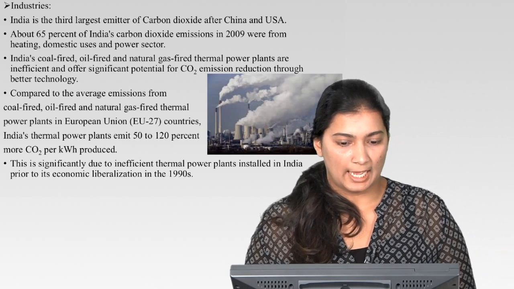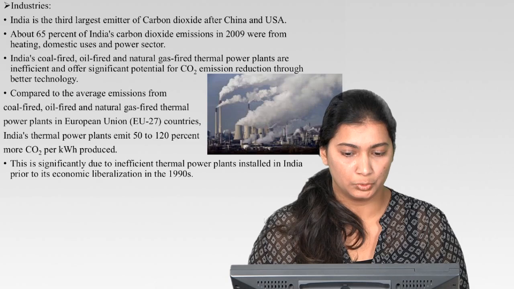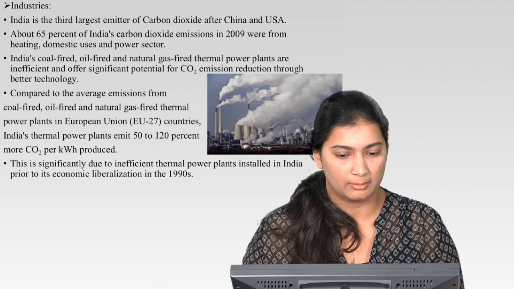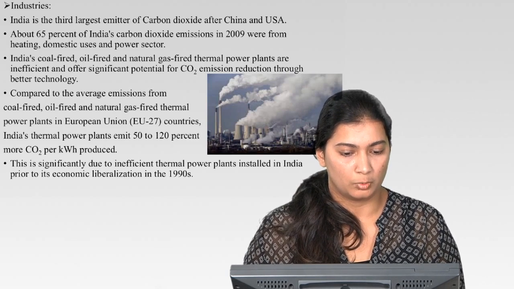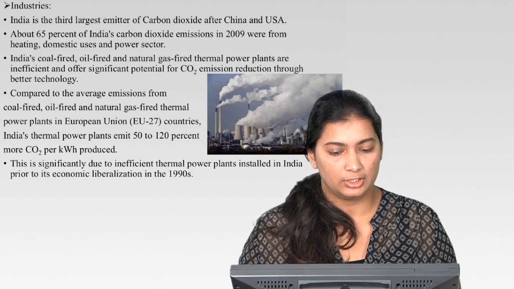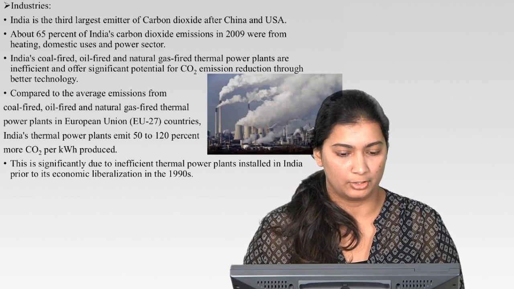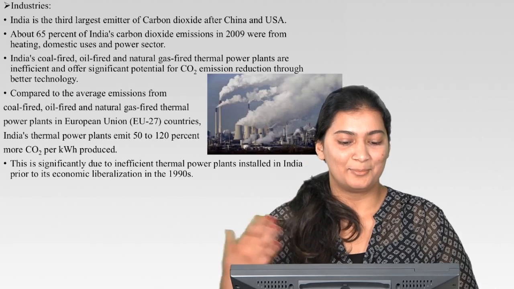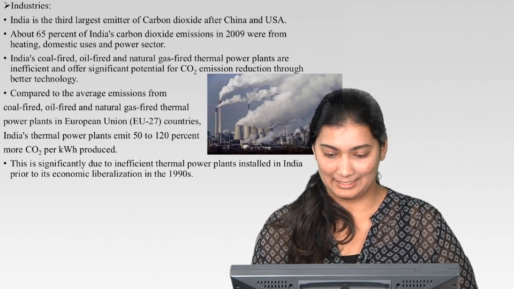Compared to the average emission from all the power plants in the European Union countries, India's thermal power plants emit 50 to 120% more CO2 per kilowatt hour produced. This is significantly due to inefficient thermal power plants installed in India prior to its economic liberalization in the 1990s.